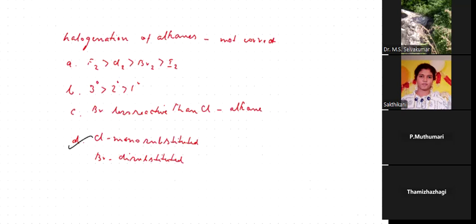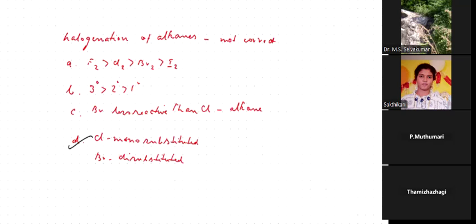And if you compare chlorine and bromine, what is there in the first statement is getting repeated in the third statement. Bromine is found to be less reactive than chlorine. That is also true for the same alkane. Why is the third statement given like this?